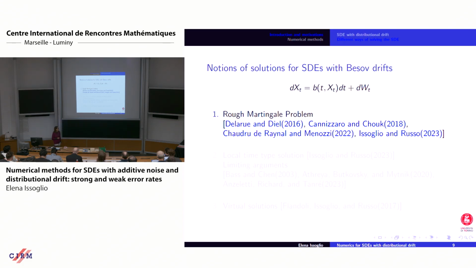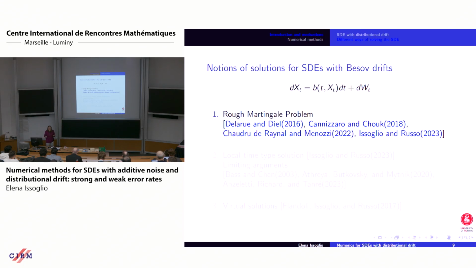So the first one is what we named the martingale problem, because essentially you phrase your SDE as a martingale problem. So you try and find a class of functions, which are called test functions, for which when you take a function in this domain of test functions, some quantity is a martingale. I'll show you later.